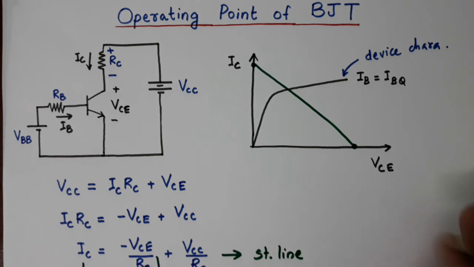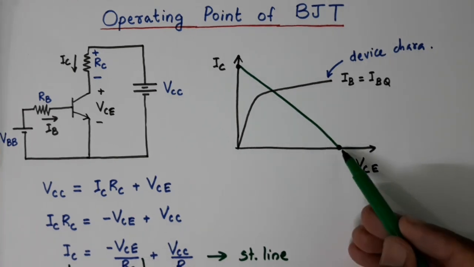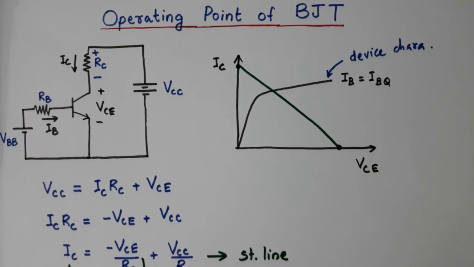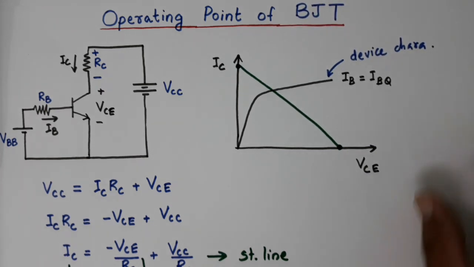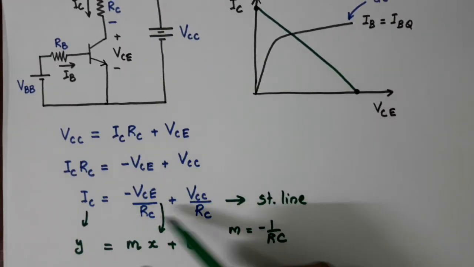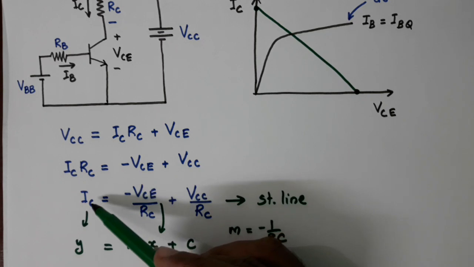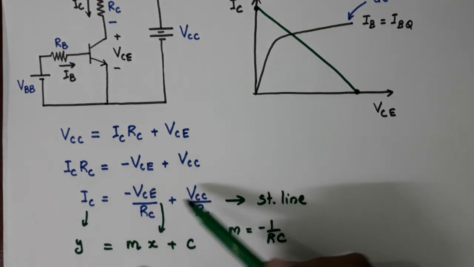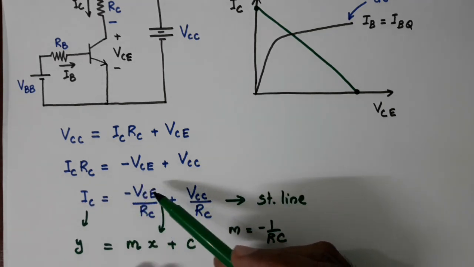So how to evaluate that? To evaluate the x-intercept, you can use the equation and put the value of y equal to 0, or IC equal to 0. So in this equation, if I substitute IC equal to 0, I will get the value of VCE or x-intercept.